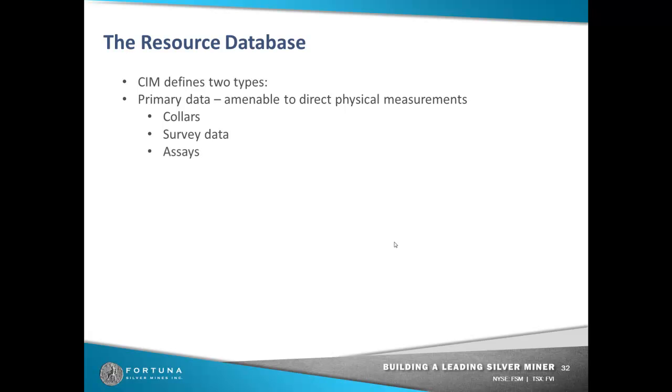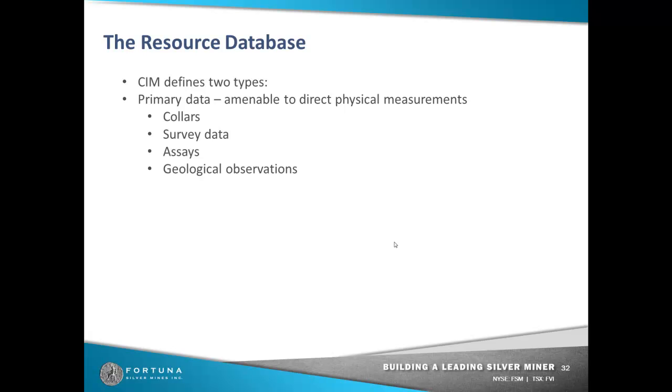Assays are also direct physical measurements. Though they're taken in the laboratory, they are direct measurements taken from equipment, various types of assaying equipment used in the laboratory. They're generally stored and then sent directly to the operation for storage in their databases.